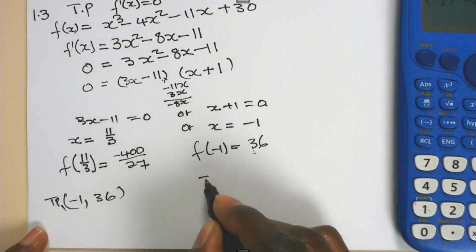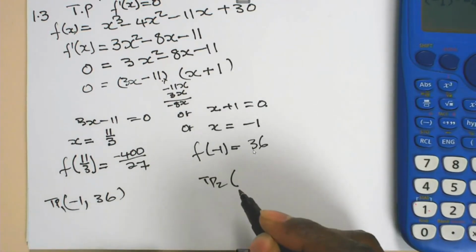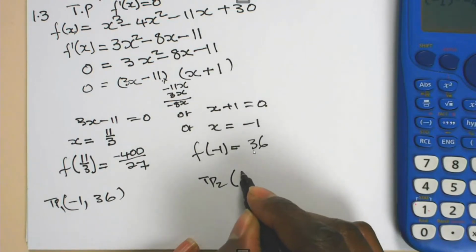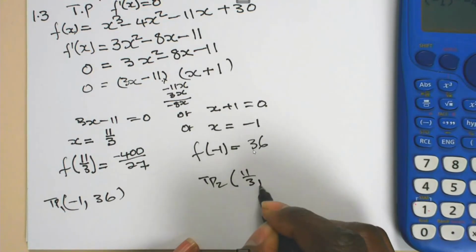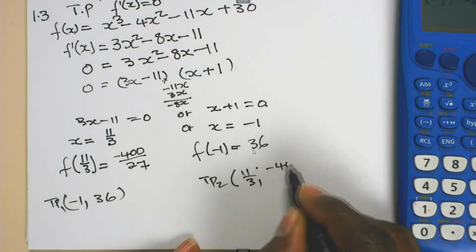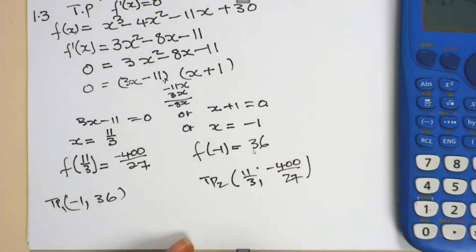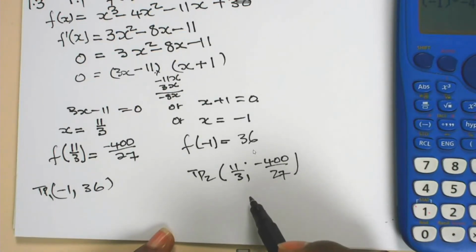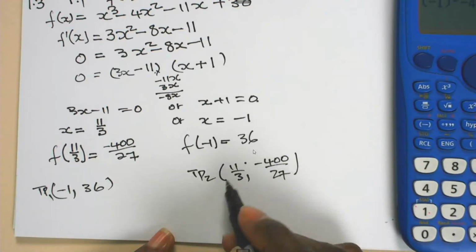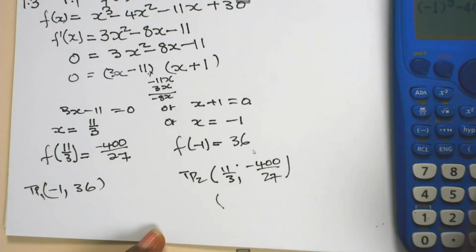And then the second TP will have 11/3, which goes along with -400/27. All right, and then for this one, let us write it in decimal form because we're going to plot our graph. And then what is 11/3?